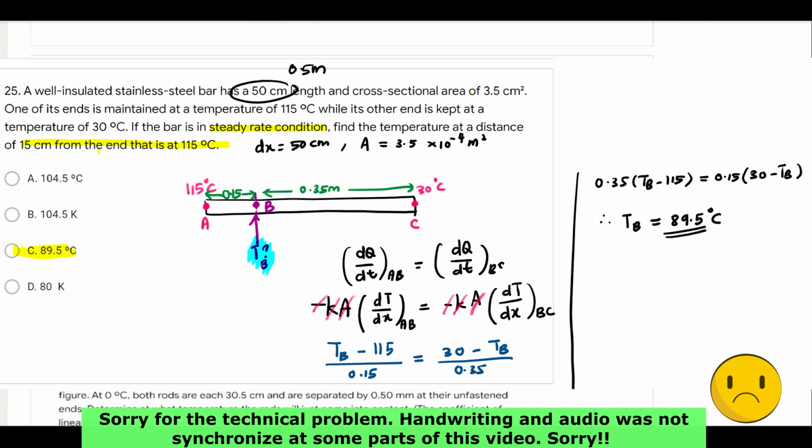So in steady state condition, we can write that the rate of heat transfer from A to B is actually equal to the rate of heat transfer from B to C. Okay, and equation for dQ over dt is equal to negative KA dT over dx.